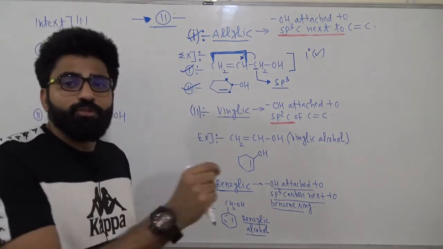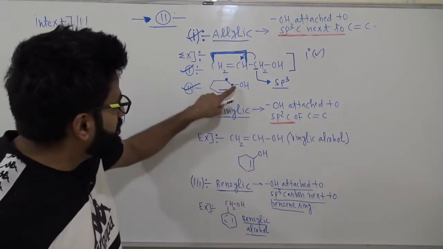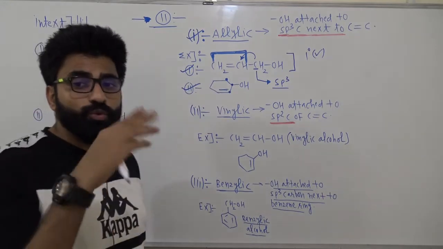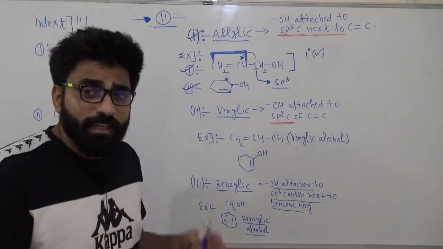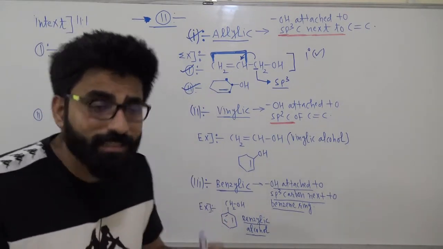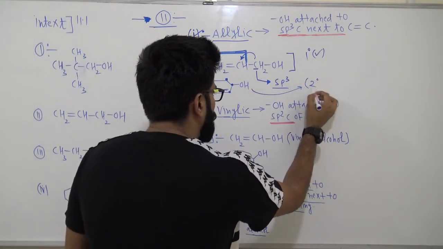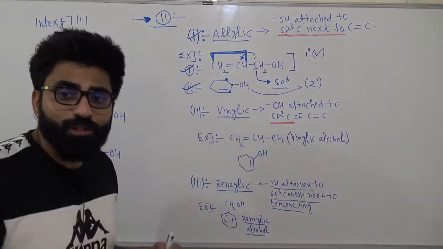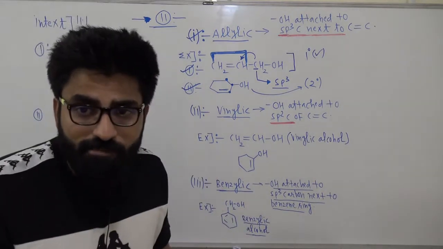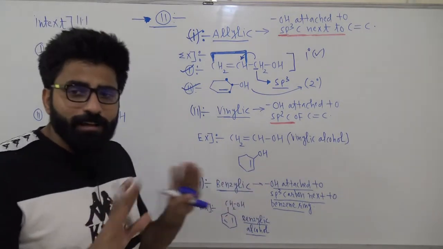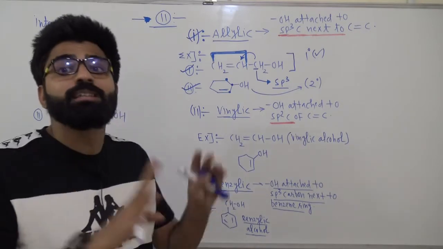Since the carbon to which OH is attached is attached to 2 carbon, it means the degree of this alcohol is 2 degree, right? So what is the answer on the basis of degree? It is 2 degree alcohol, or we can also call it secondary alcohol. Yes, that first type of classification is done.